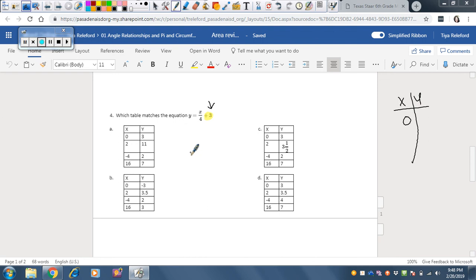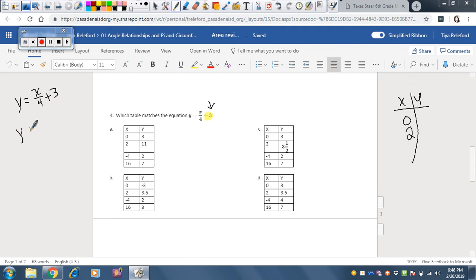And for this, guys, I would make my own table and I would use the numbers they gave me. So they have 0 and then 2. I would get me some scratch paper. Y equals x divided by 4 plus 3.